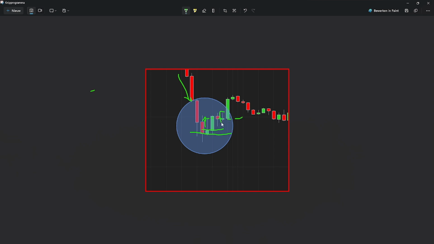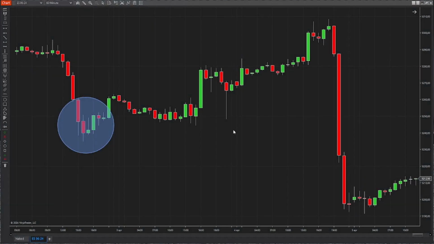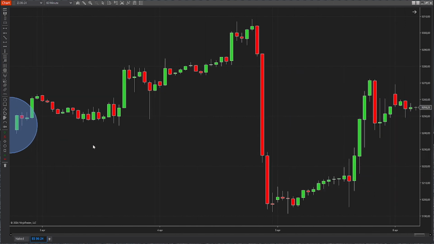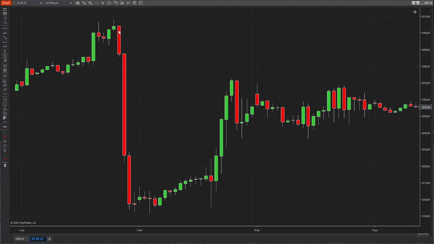Next to it, we have another hammer and we take out this line again and price goes up. So this is an example of a hammer. Then we have a big range here, which we're not going to talk about right now. So here we have an inverted hammer, which also signals a reversal.